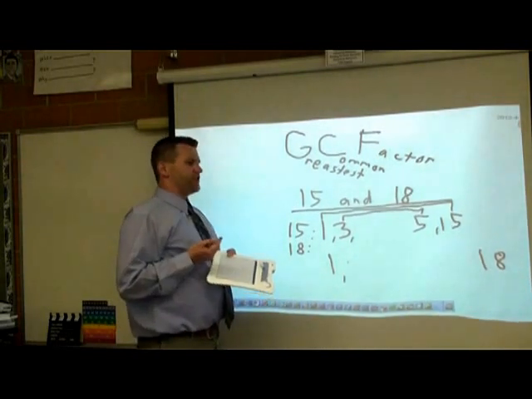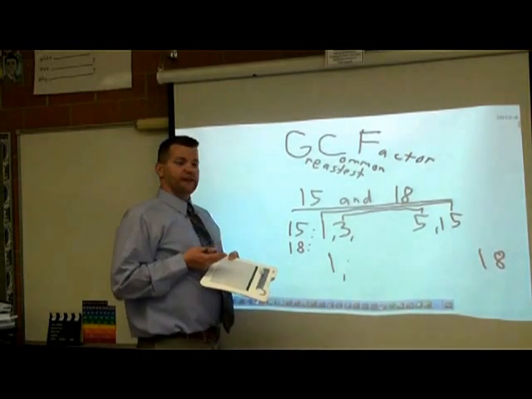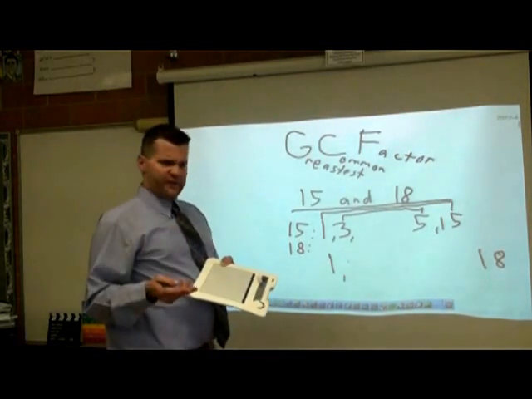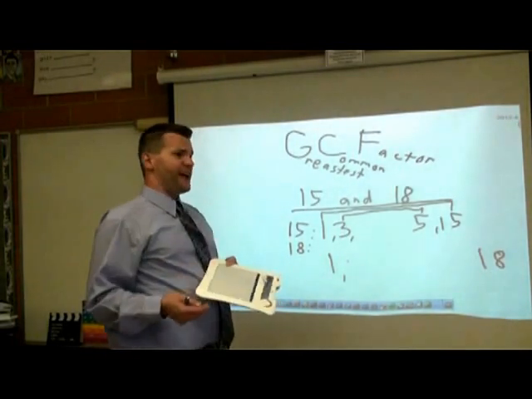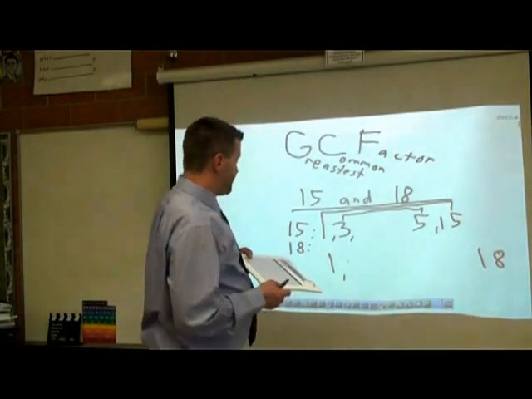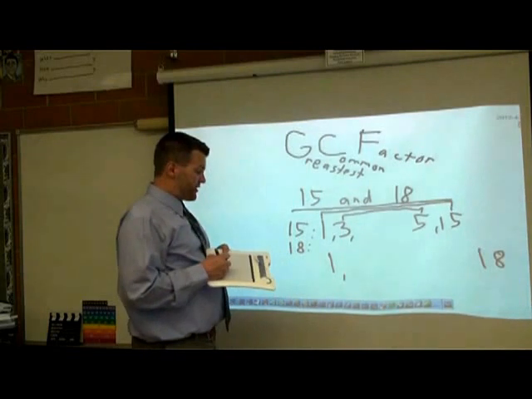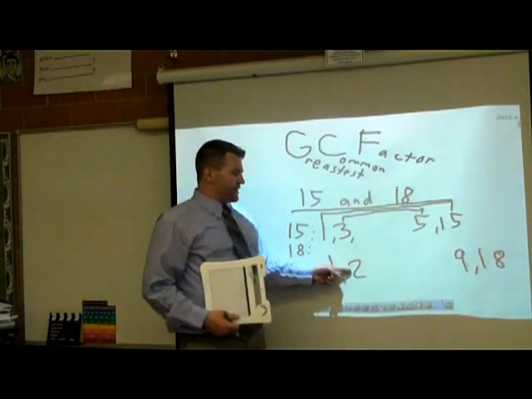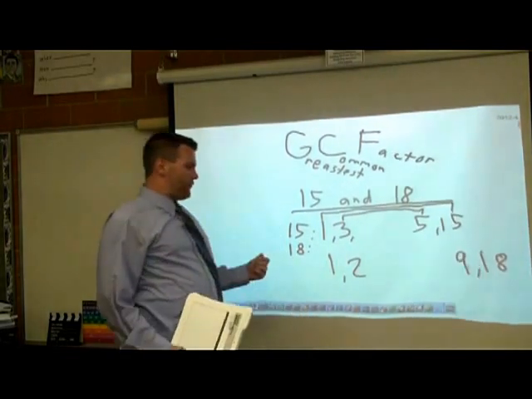Well, let me see here. 2 times 5 is 10. 2 times 6 is 12. 2 times 7 is 14. 2 times 8 is 16. 2 times 9 is 18. That works perfectly.